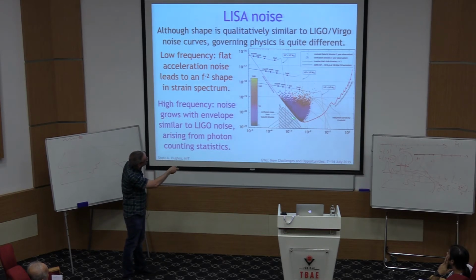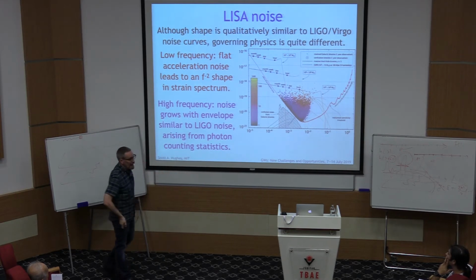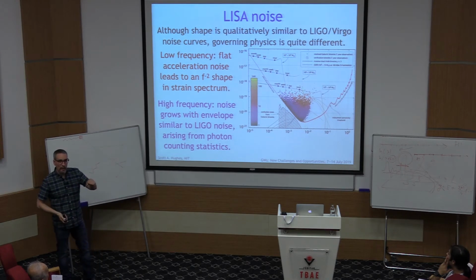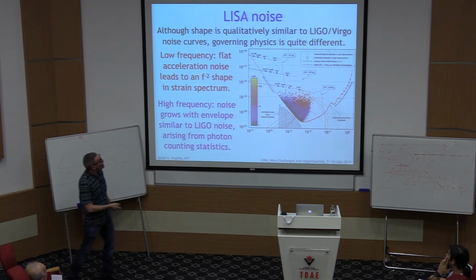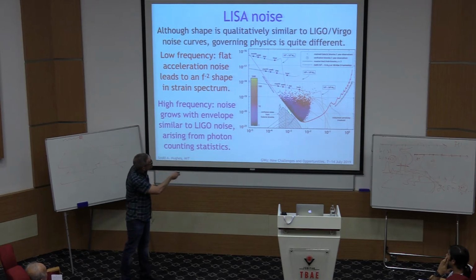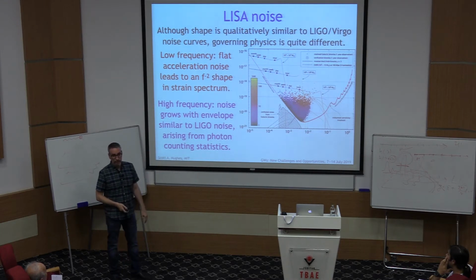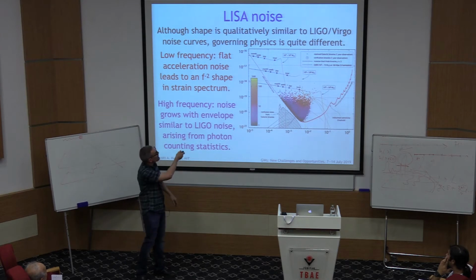At low frequency, we're taking advantage of the fact that the acceleration noise is approximately constant as a function of frequency. If the acceleration is constant as a function of frequency, then the displacement will go as f to the minus 2. So that's all we're seeing here, essentially a flat spectrum of acceleration noise translated into a displacement, which translates into a gravitational wave signal.